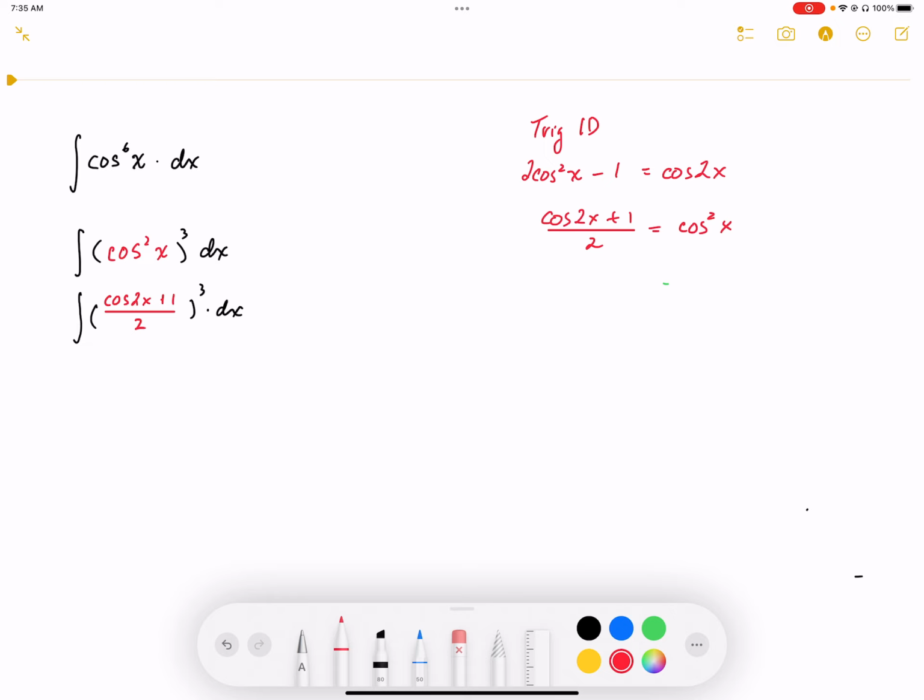And I'm going to cube that expression. Okay, so let me just clean up those brackets a little bit. And I'm going to cube that expression.